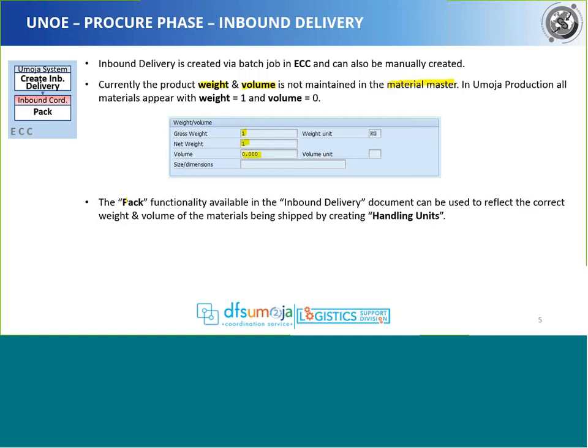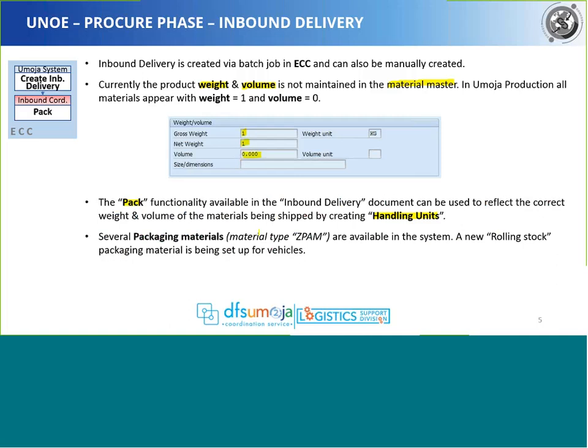And we have to use the pack functionality to reflect the real volume and the real weight. We will do that by doing packing and by creating what we call the handling units. And we will use these packaging materials to reflect the real volume and weight.